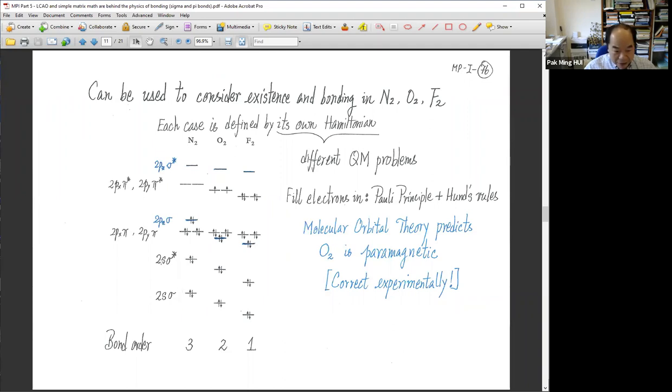This ss sigma, so deep, you have 2 electrons here, 2 electrons here, 2 minus 2 will be 0. So all this 1s, 2s, they cancel, the bond order number is 0. All we need to care about is these PPMOs. So we have 6 electrons in bonding MOs, 0 in anti-bonding. So we have 6 minus 0, divided by 2. Therefore, it is a bond order of 3.